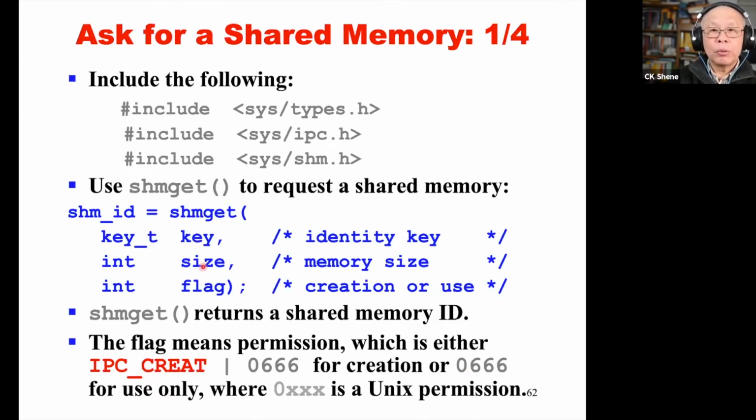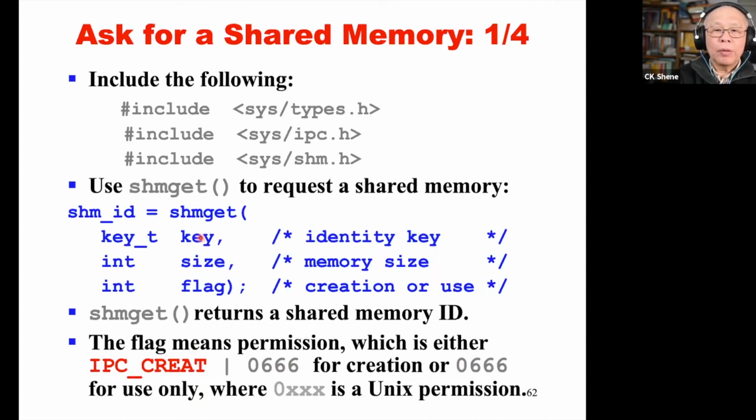So when you call shared memory get, you provide the key and specify the size. Again, always remember, use the sizeof function rather than a number there. Finally, we have a flag. This flag is either creation or use. For creation, use this, and for use, this. And you may change the permission here.